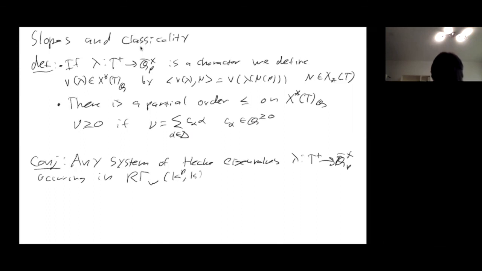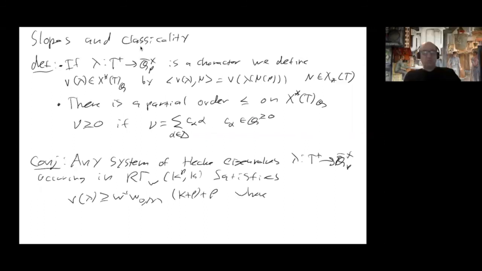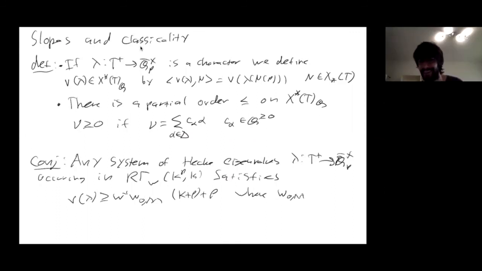So for a given W and a given weight kappa, what satisfies v(lambda) is bigger than or equal to, well, I just write again this formula that Vincent wrote, kappa plus rho, where maybe minus rho or plus rho, what? Oh, no, really plus rho.